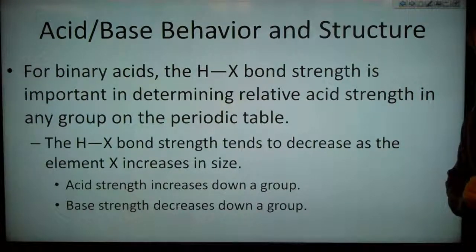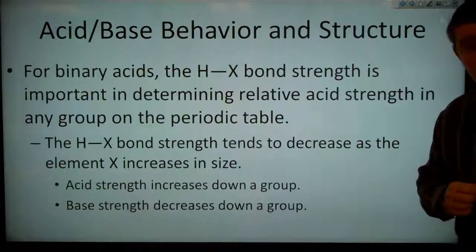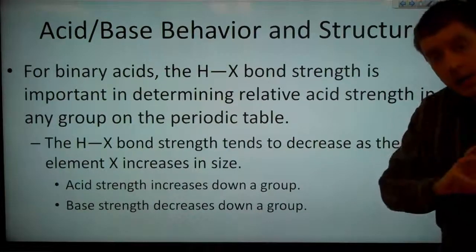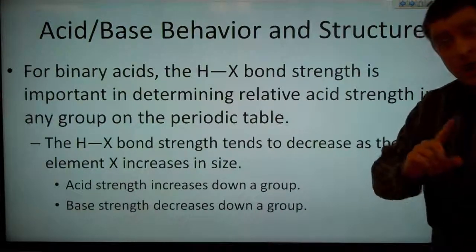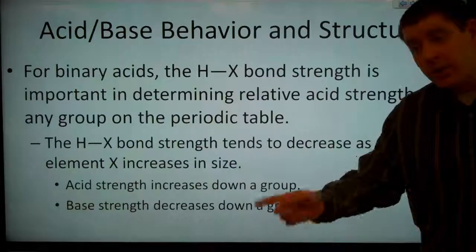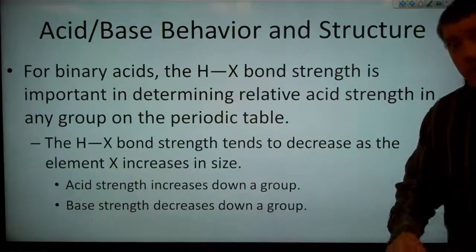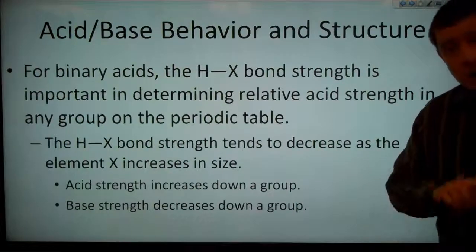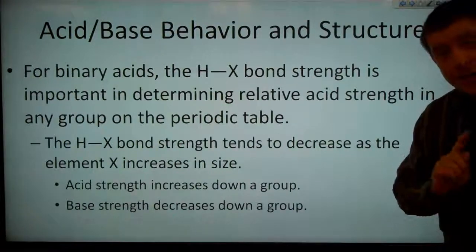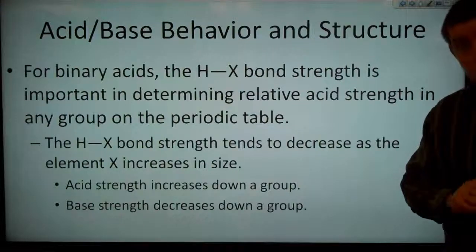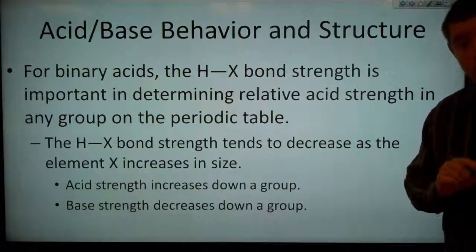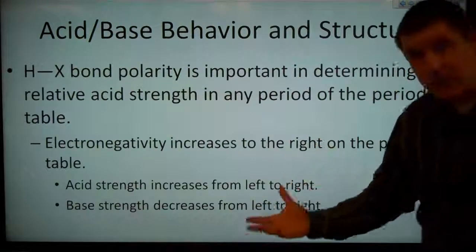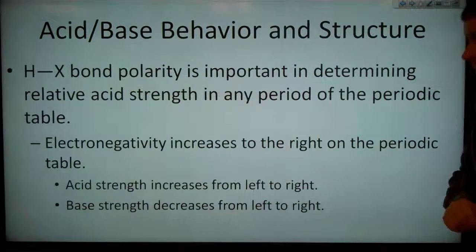Remember, hydrogen fluoride, hydrofluoric acid, is a weak acid, which means its conjugate base, fluoride, must be a weak base. Whereas HCl is a strong acid, which means that its conjugate base, chloride, must be a negligible base. Chloride is a negligible base, but fluoride is a weak base. So the base strength is increasing as we move up the group.